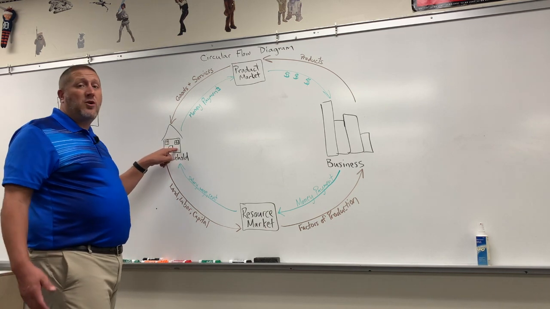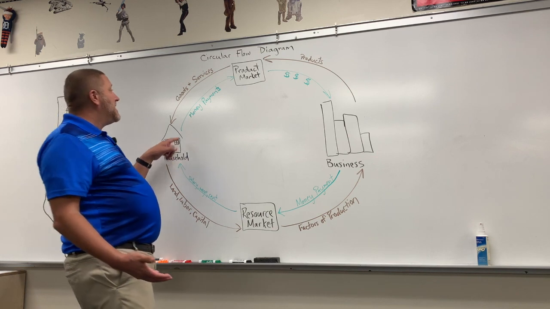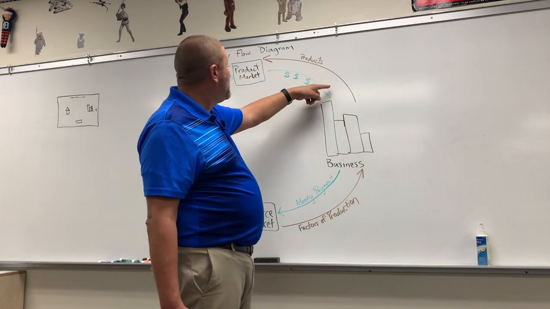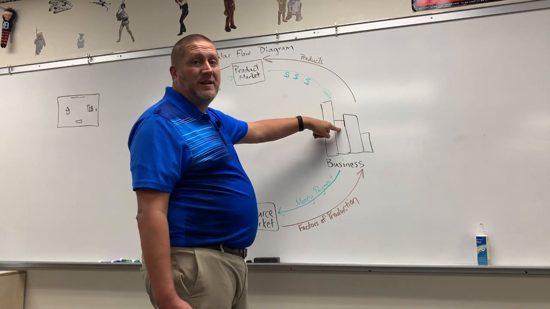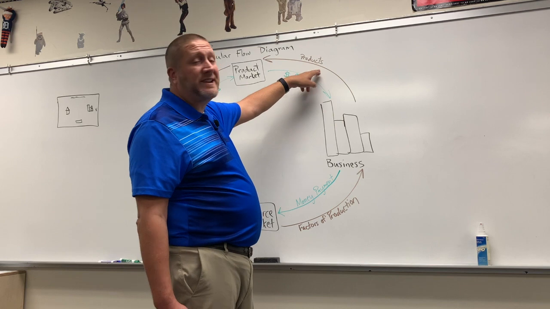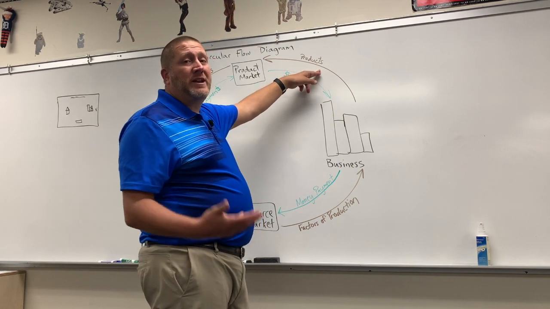So households now don't have any more money. And again, when households don't have money, they don't have any money to spend in the product market. That also means businesses don't have to replace the things that are still sitting on the shelves. So this is how a market economy works.